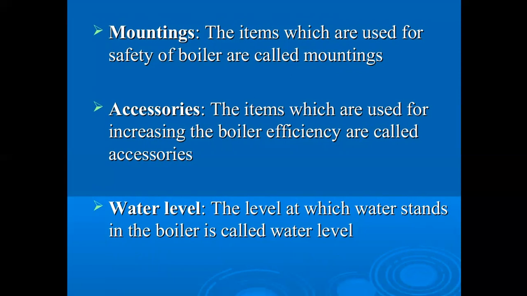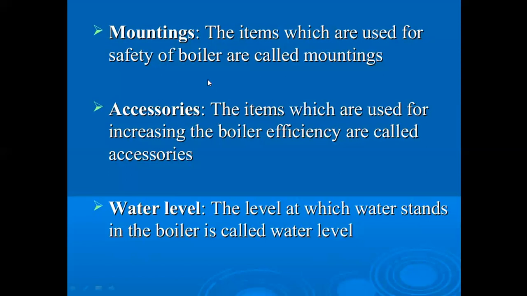Some of the mountings we use in a boiler are the pressure gauge, water level indicator, and safety valve. These are essential devices fitted on the boiler for safety of operations.